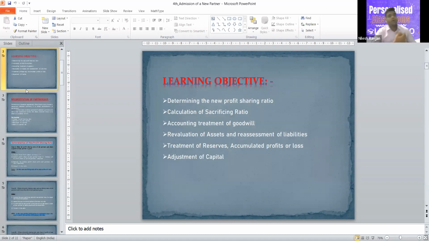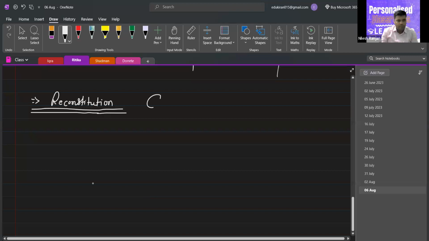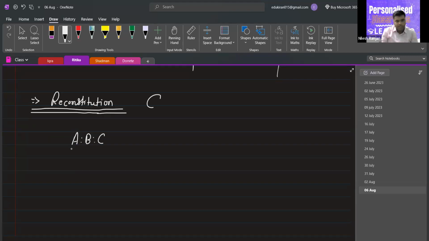Now, first of all, when a new partner comes into business, like there are three existing partners in a business, and they are doing a business.